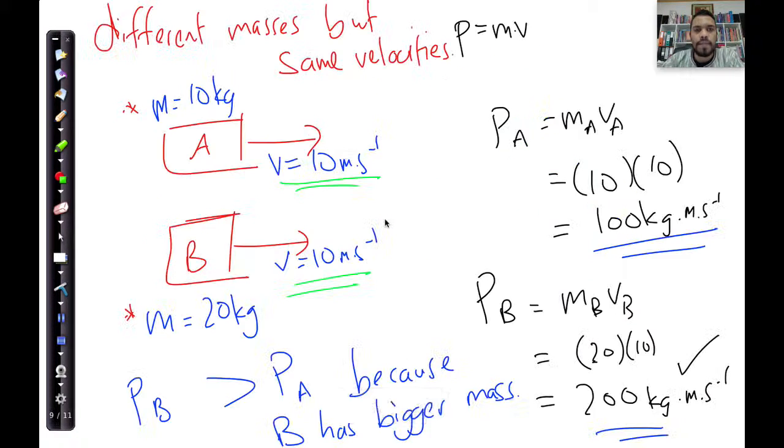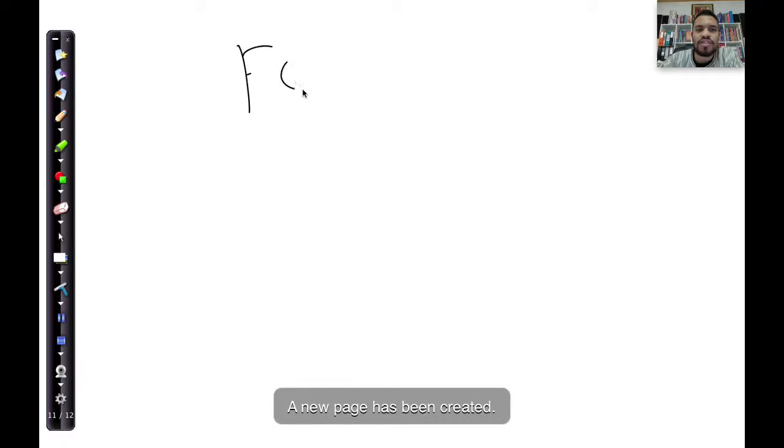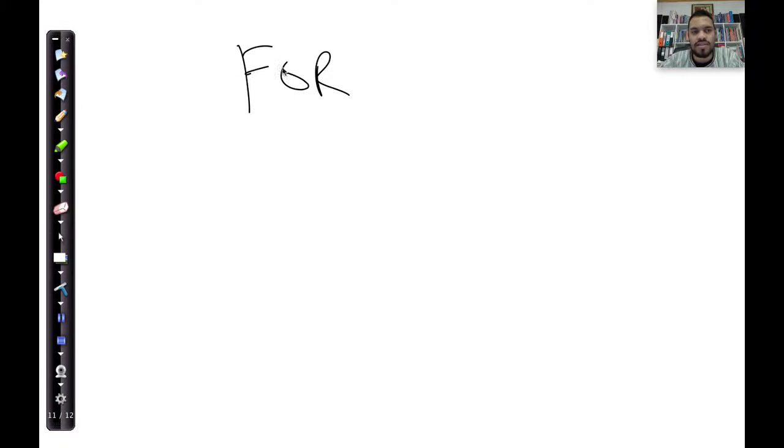Now, based on both these things, not just how fast an object is going but also how heavy it is, we need to think about something else and use a big word to explain another definition of momentum. And that big word is force.